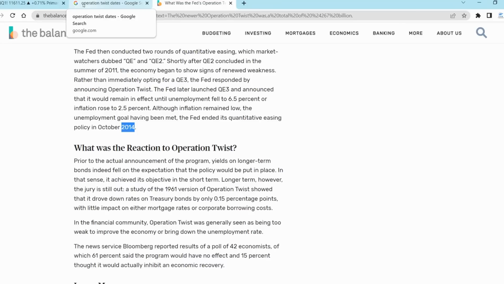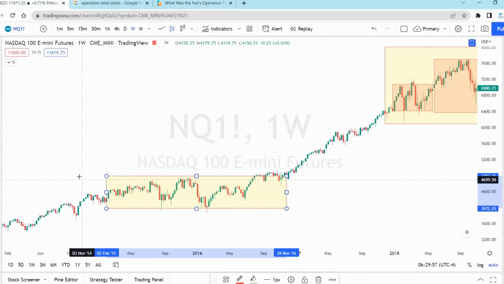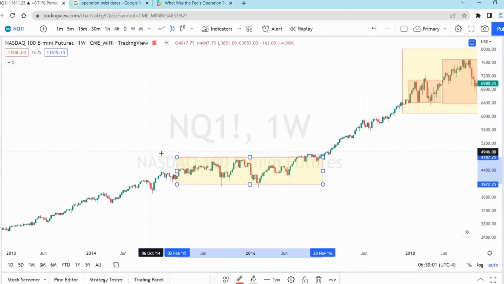So the Fed's trying to unwind the balance sheet now, and we're seeing liquidity hit as well. So they ended. Go ahead. They ended in October 14th. Yep. 2014, and this all went. Look, you can even make a case for sideways even starting in October. Hold that mouse back there again.